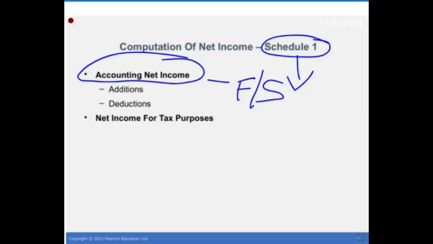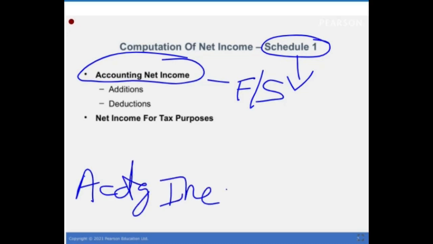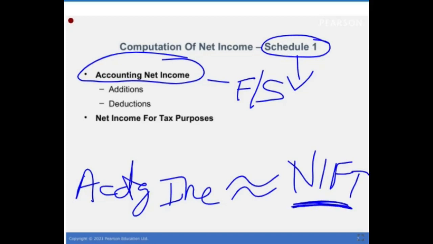We have to effectively translate. We're going to take our accounting income and run it through a translator and turn it into net income for tax. That phrase should be familiar. It's the same phrase that we used when we talked about personal taxes. In personal taxes, we were adding all the different income sources together into one pile, and we called that our net income for tax.